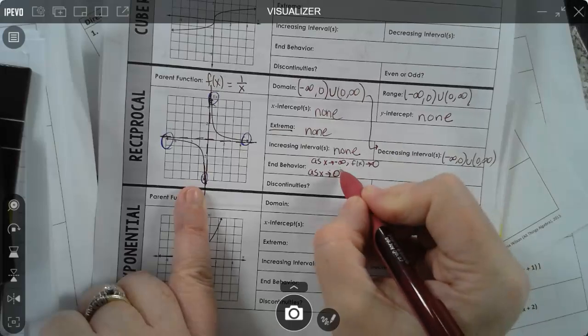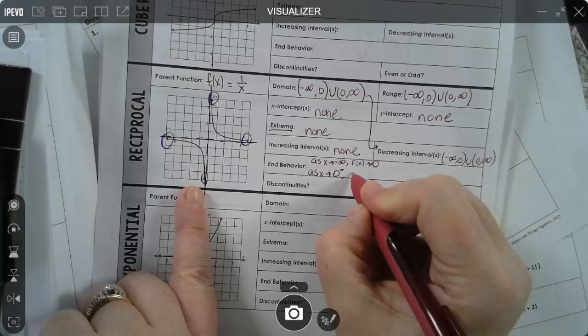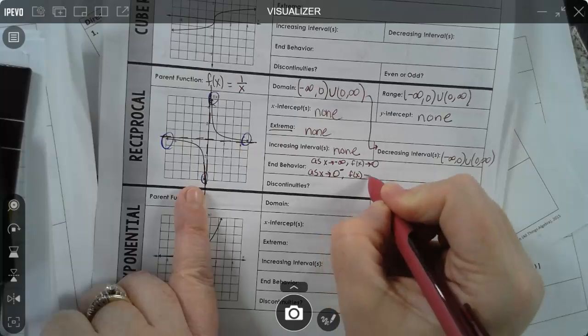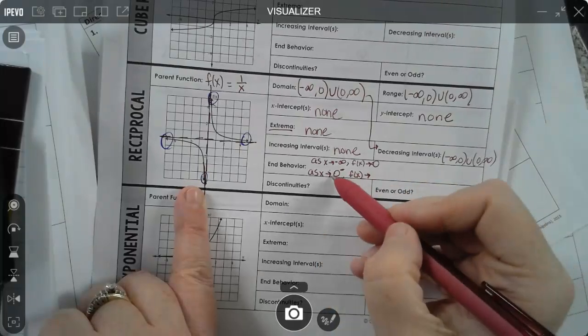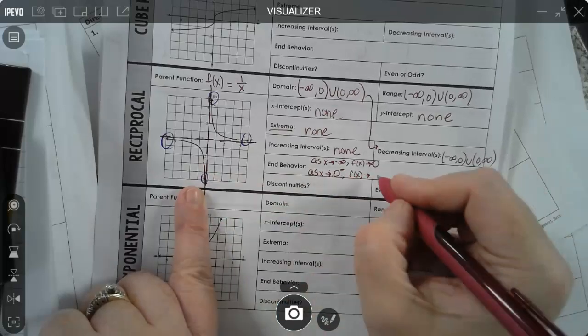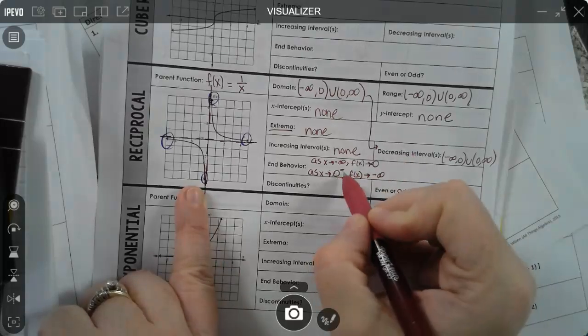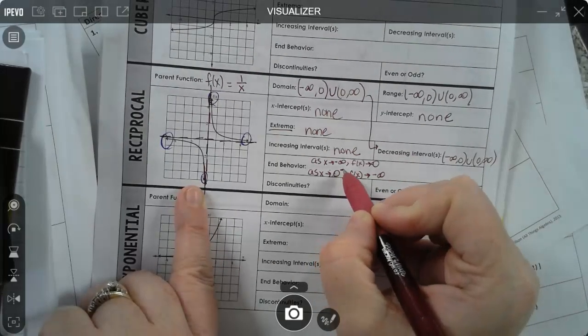From the negative side. So I'm going to do a little negative. Then y is approaching what? As x gets closer to 0 from the left, that's exactly right. Y approaches negative infinity. That's your minus, that's your negative. That says from the left side.